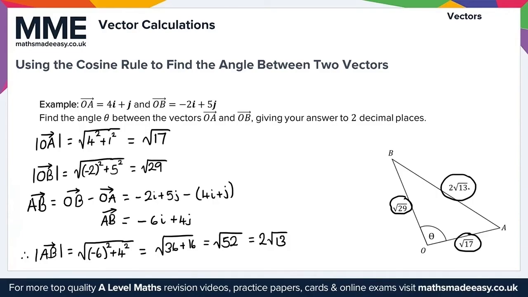So finally, what we need to do now is just the cosine rule to find the angle theta. So make note here of all our lengths, and what we'll do now is calculate the angle theta. So we clear this work in here.